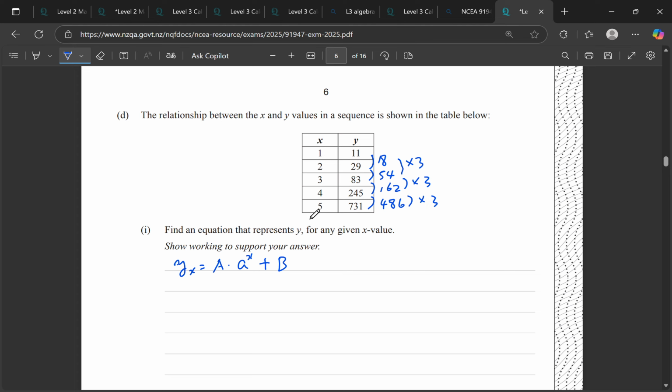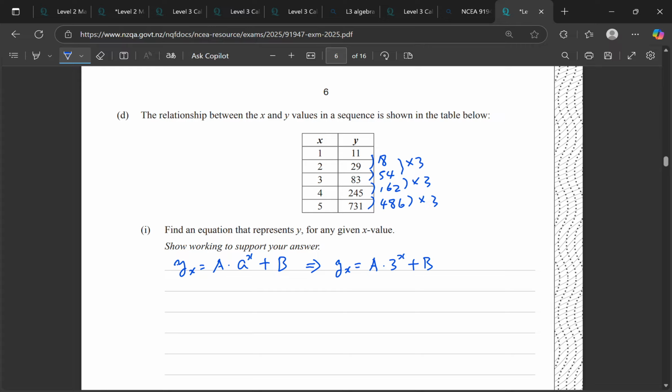So obviously we need at least two equations to find A and B. So watch this. First of all, we know the small a, the common ratio, is 3, right? So I can say y of x equals A times 3 to the power of x plus b. We start from there.